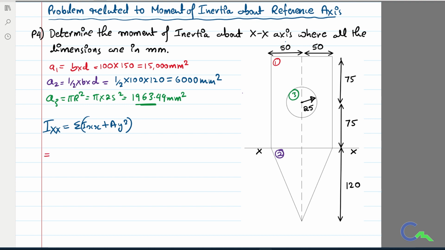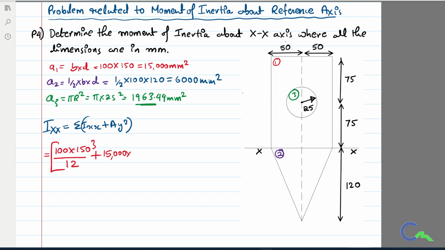Ix is BD cube by 12, so B is 100 and D is 150, 150 cube divided by 12. That is the first term, plus the area of the rectangle we already calculated, that is 15,000.